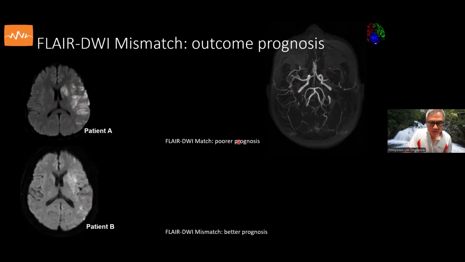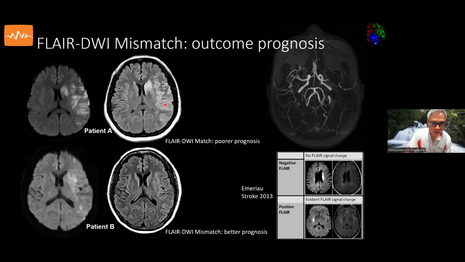The patient which has a matched defect between flare and diffusion will have a poorer prognosis compared to a patient with a better prognosis where there is a mismatch between the two images.